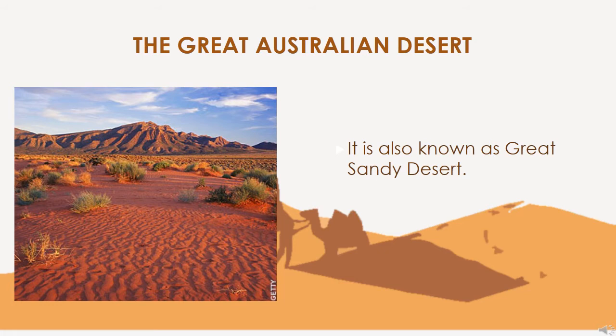So this is a very unique desert because it is in Australia, and the uniqueness is that though the area is surrounded by water on all sides, it has a large area of desert also.